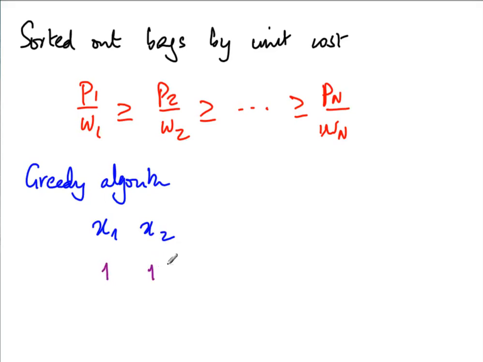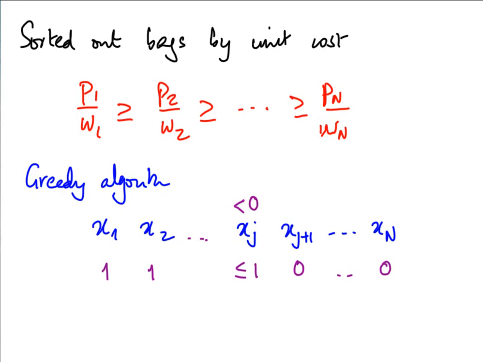In general, we pick up all the bag, and so on until we reach some xj where we are not able to pick up the entire bag, right? So we will come to some xj where we will typically pick up a value which is smaller than 1 but bigger than 0. And now what's interesting is that after j we don't look at anything because our knapsack is full. So we have all zeros, right?